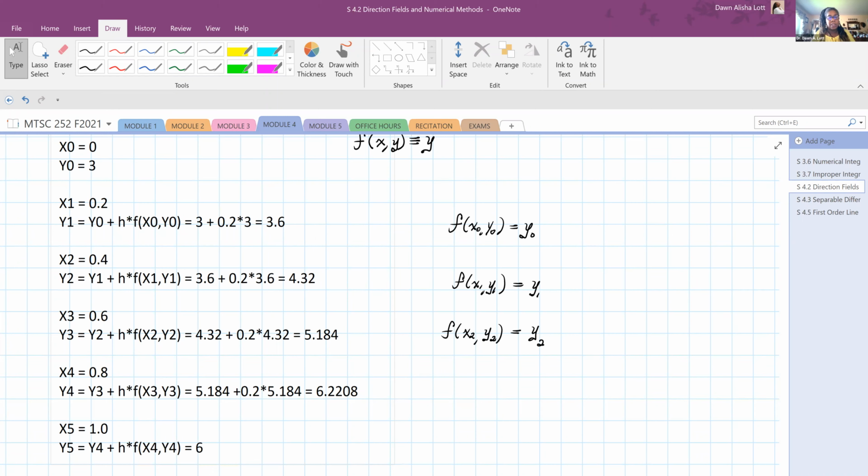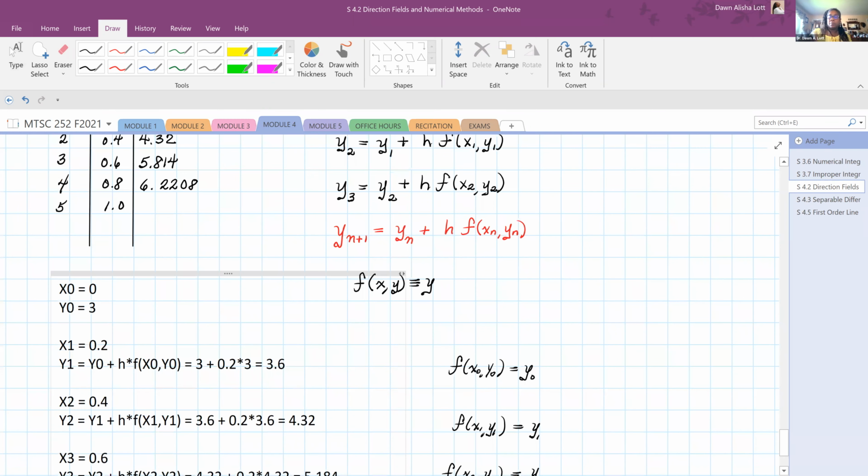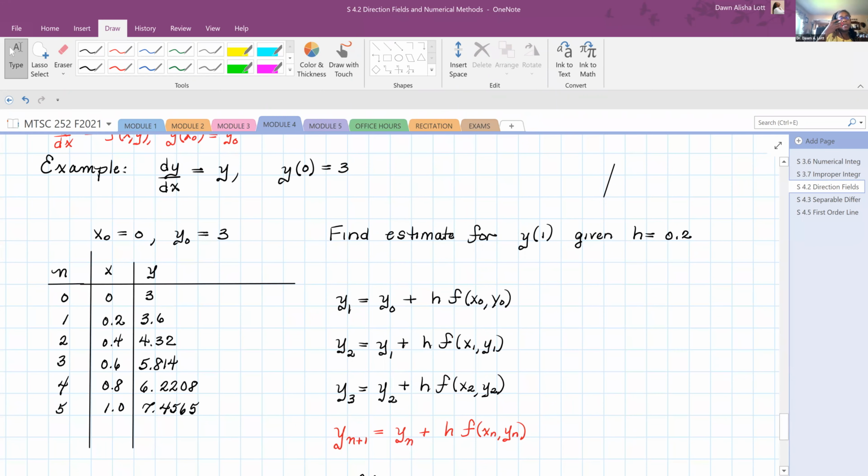So that's 6.2208, that's y4, plus h, 0.2, times f of x4, y4, but that's just 6.2208. And that's 7.4565. Okay, so that's my approximation for what my solution looks like.